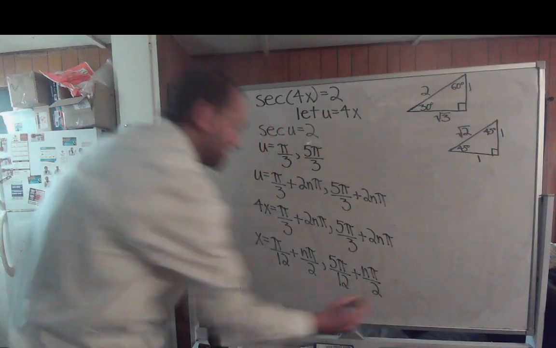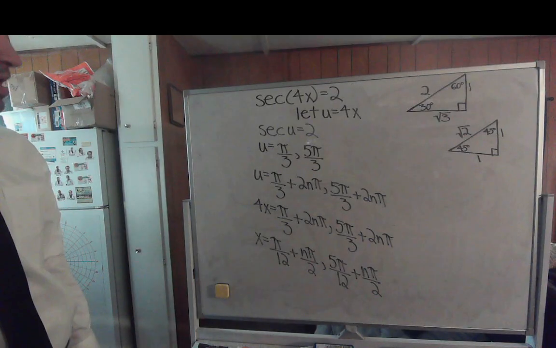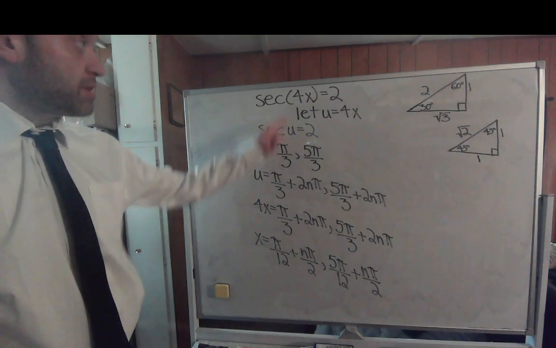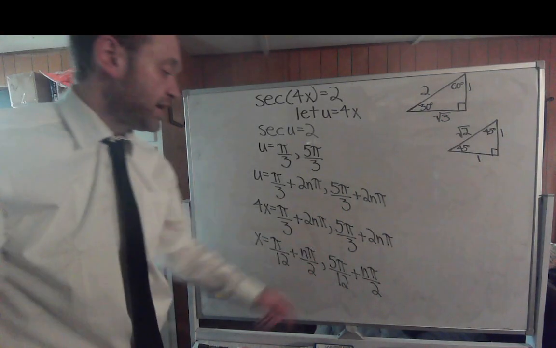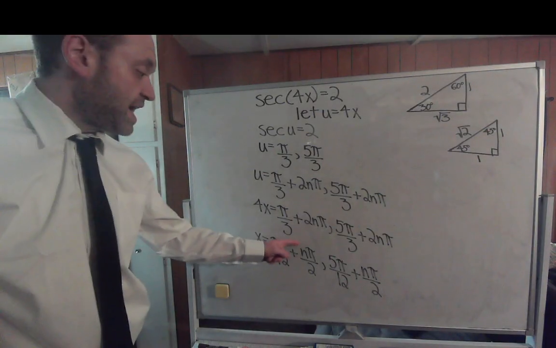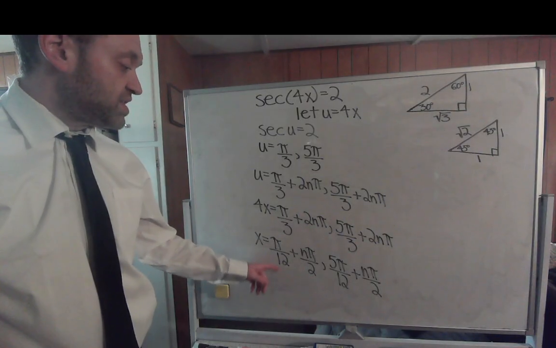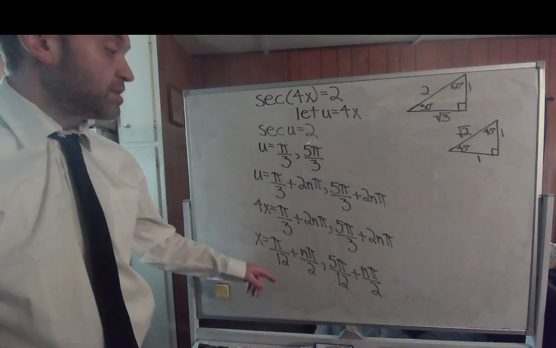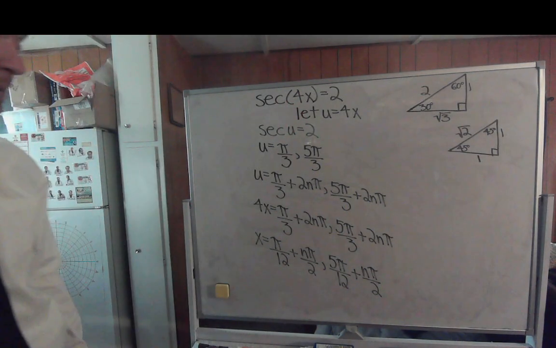And let's just check these for extraneous solutions. 4 times pi over 12, that would give you pi over 3. 4 times 5 pi over 12 gives you 5 pi over 3. Now, let's add a pi over 2 to this, so that would be 7 pi over 12. So that would give you 7 pi over 3, which would turn into pi over 3.